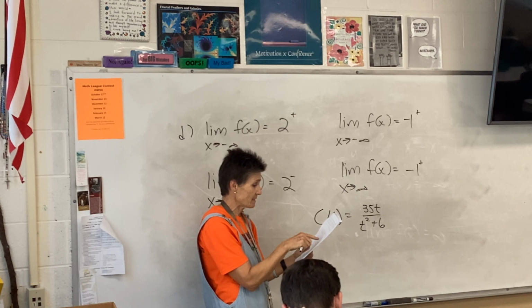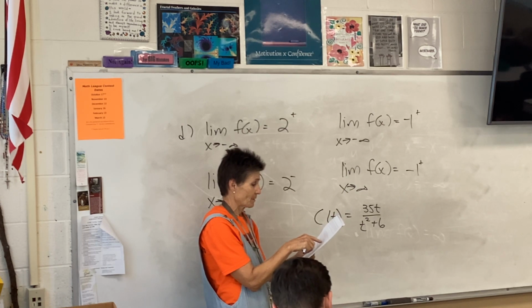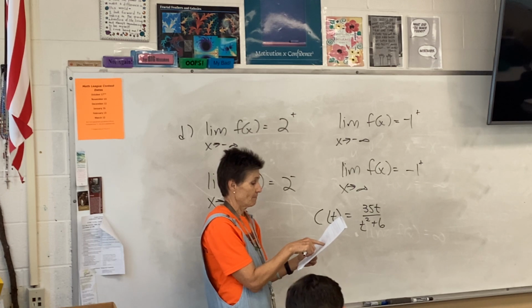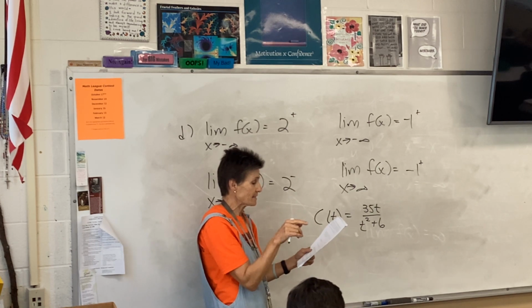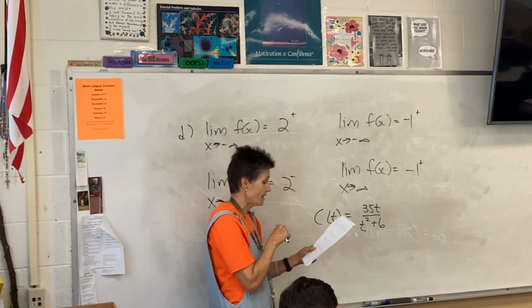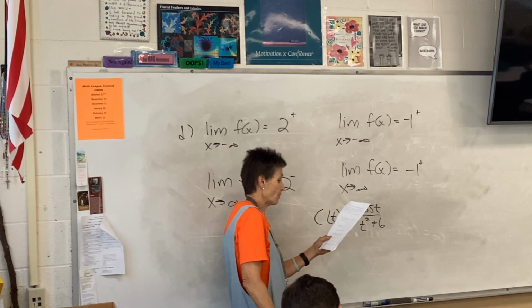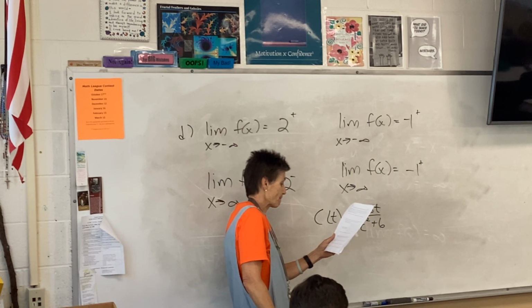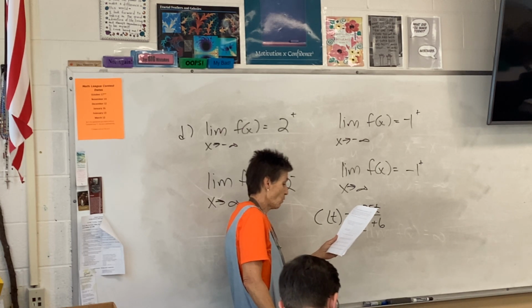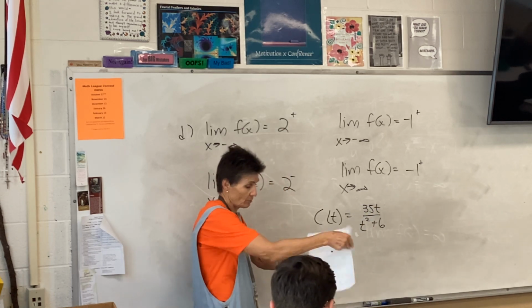Well, it's effective until somewhere between 5 and 6. So I'll just say 6 because it looks a little closer to that. So it's effective for about 6 hours. We already answered 4, 5, and 6. Perfect, we already talked about that.